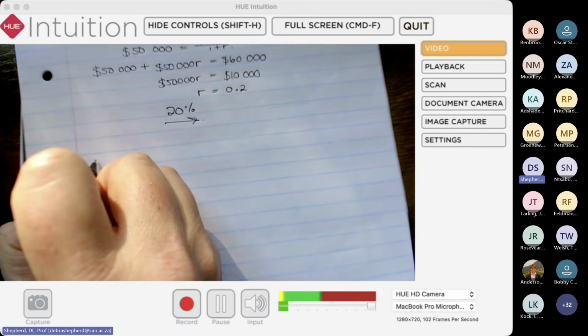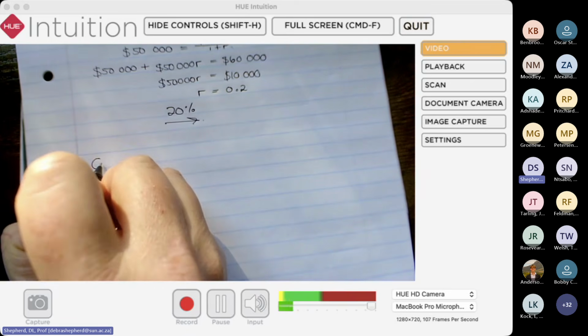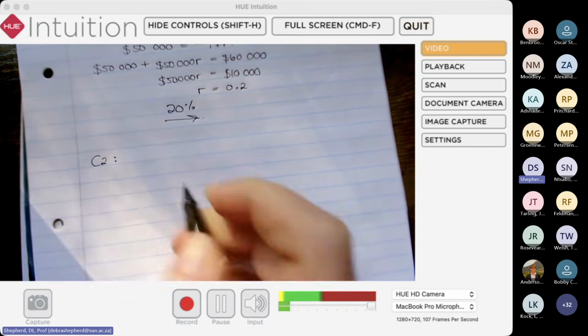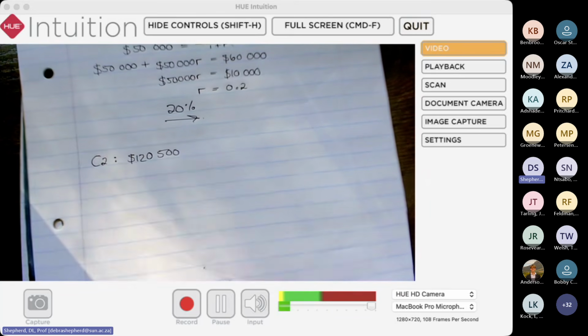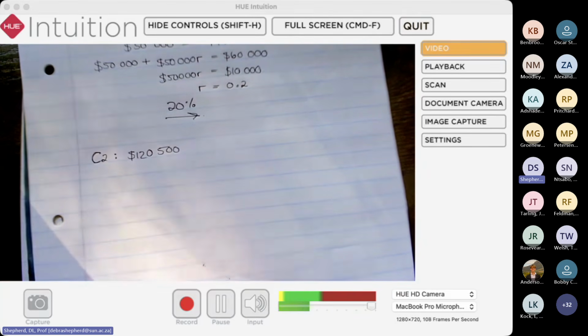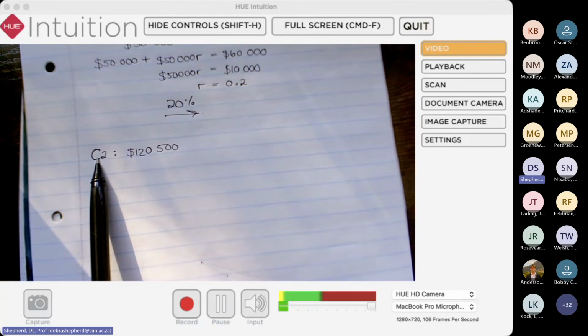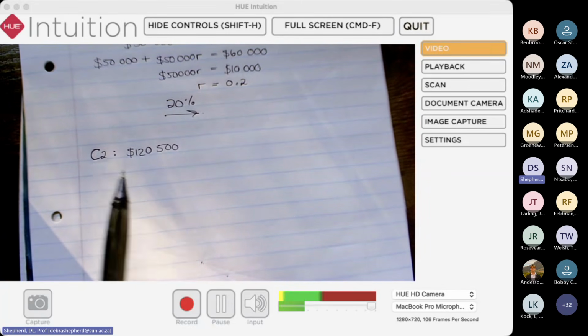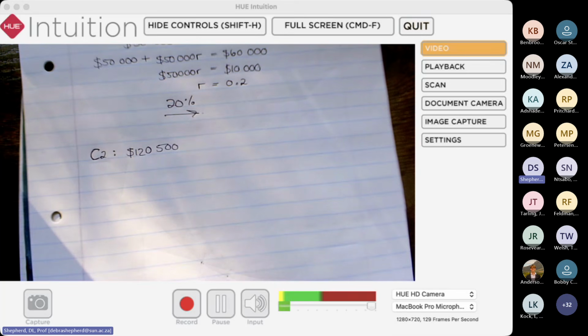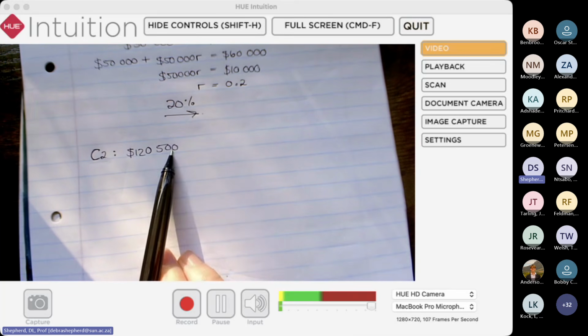The next question says, what minimum interest rate would allow her to spend $120,500 in the future? This means she would have to save her current income in order to bring her future consumption to $120,500.